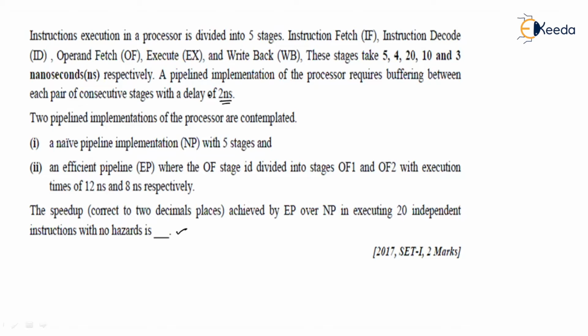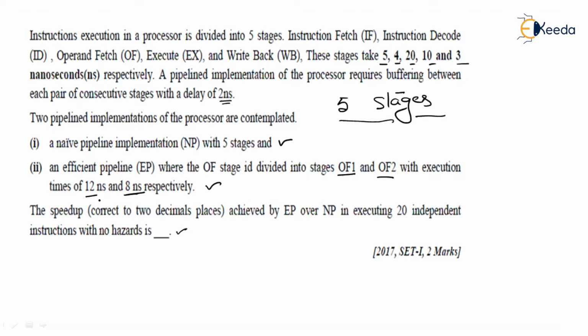In this question, there is a pipeline given with the 5 stages, and stage latencies are given here. There is one more pipeline which is more advanced than this pipeline, in which the OF stage is divided into OF1 and OF2 with the execution times of 12 nanoseconds and 8 nanoseconds respectively.